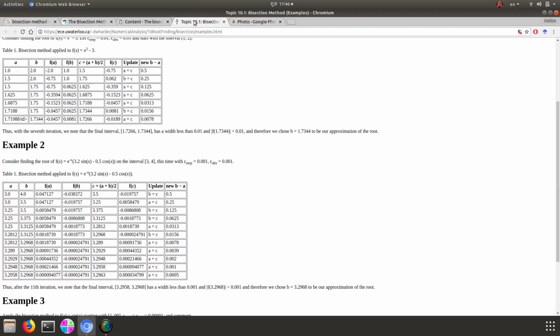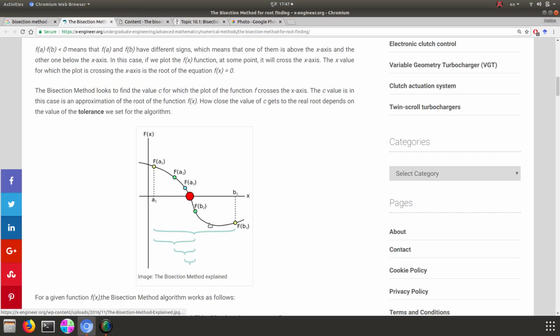In the figure you can see this is a and this is b, and the midpoint of a and b lies somewhere either towards this side or towards that side. This is the actual root of the equation, and the mid value may be towards this side, towards that side, or exactly at the root. We don't know whether it lies on this point or not. If the midpoint of a and b lies exactly at the root, so that the function value is 0, then this is the root of the equation.